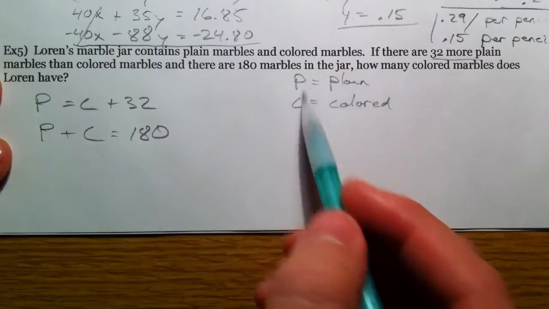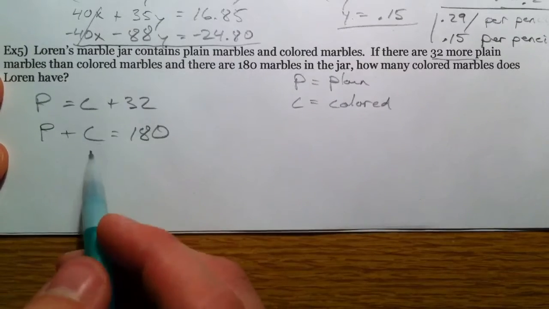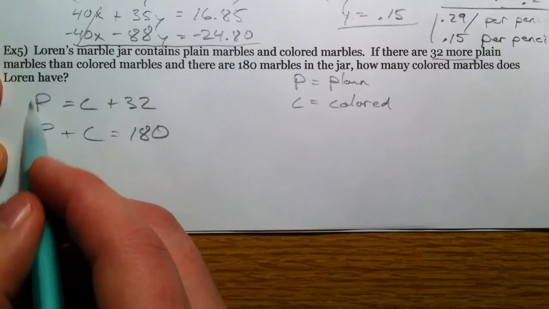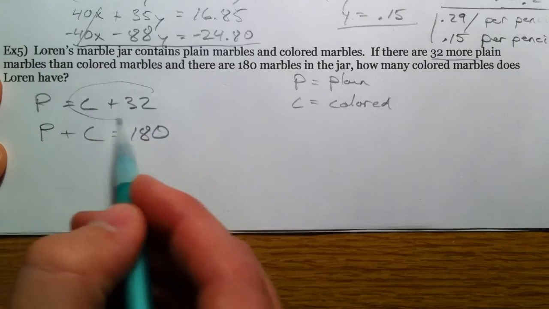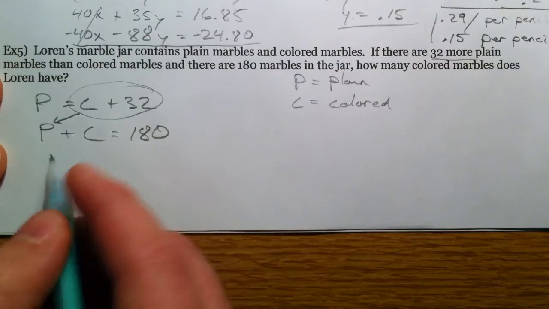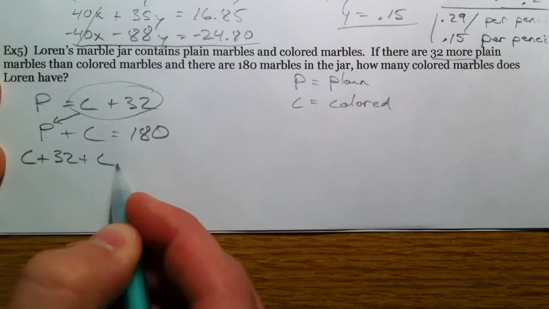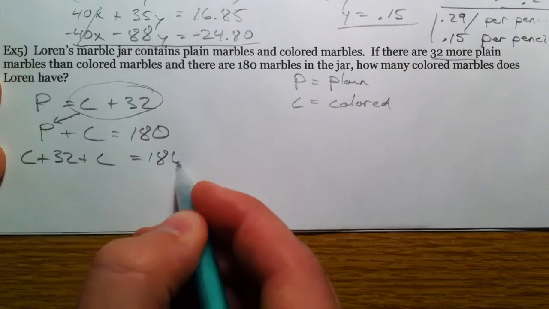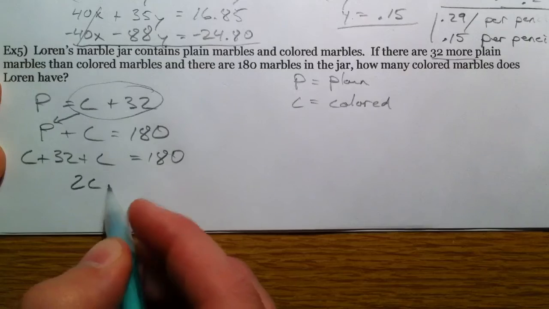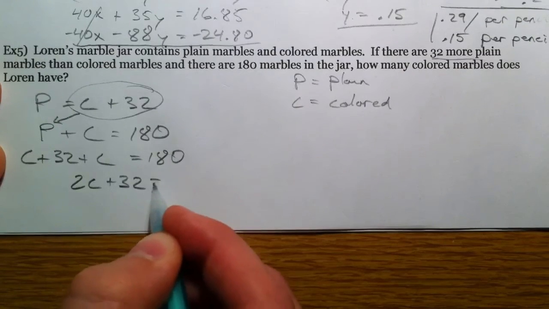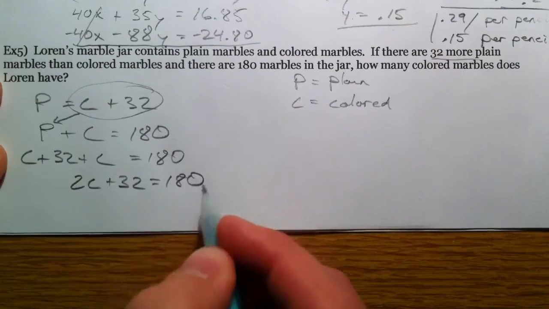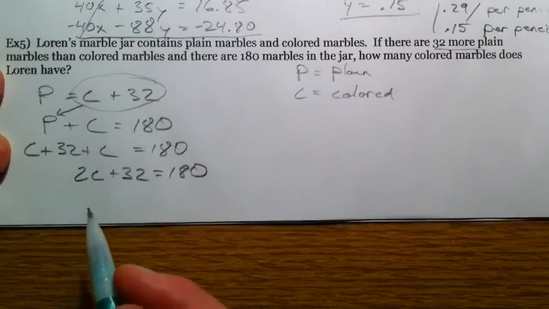So in this case we don't need both plain and colored, but it's set up beautifully for substitution because we have a P solved for. So C plus 32 plus C is 180. So C plus C is 2C.